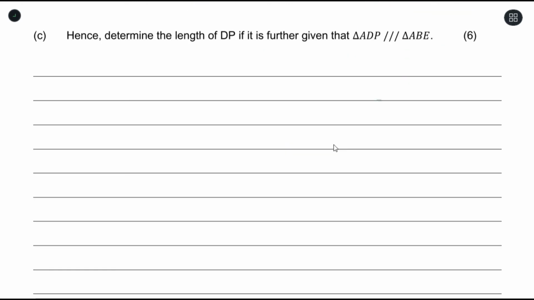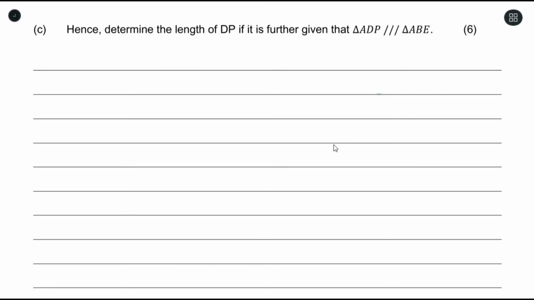That's it. Moving on. So we have C. C says hence. Hence usually signifies continue or use the values that you got in the previous question to try to answer this. Determine the length of DP if it is further given that triangle ADP is similar to triangle ABE. So because these two triangles are similar, we know that AD over AB is equals to DP over BE is equals to AP over AE.